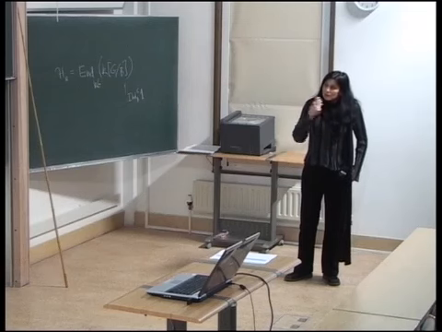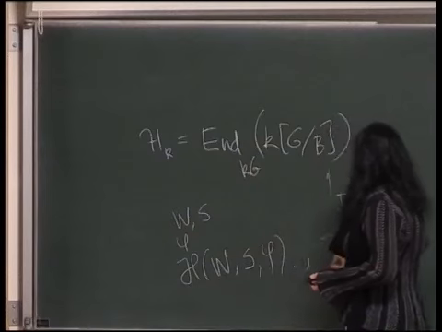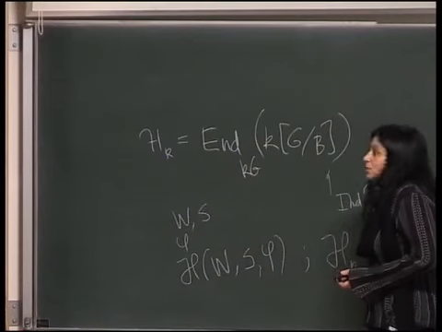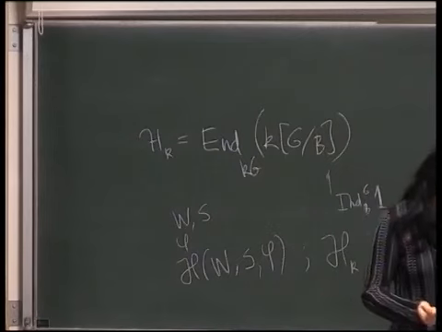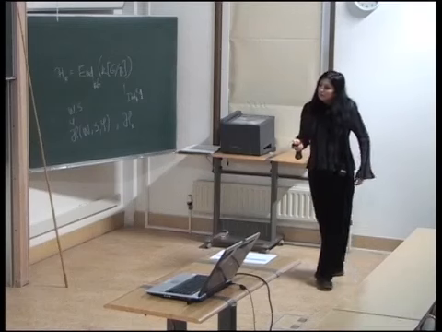So what we still need to see is the Kazhdan-Lusztig basis. So far we have seen the Coxeter group, the weight function, the Hecke algebra, and specializations. If we want to talk about Kazhdan-Lusztig theory, we need the Kazhdan-Lusztig basis, but that does not come like that.